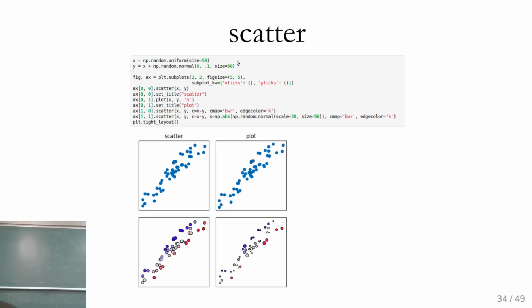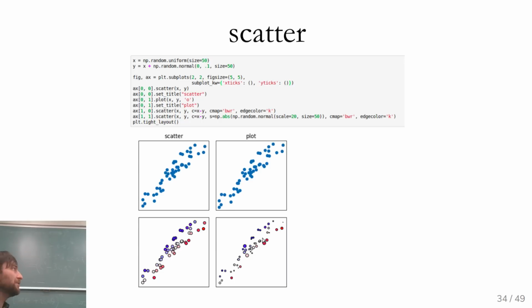So this was just color, I can also do size, and I think I can also do different markers for different points. So if you have a continuous quantity that you want to vary with each point, you have to use scatter.